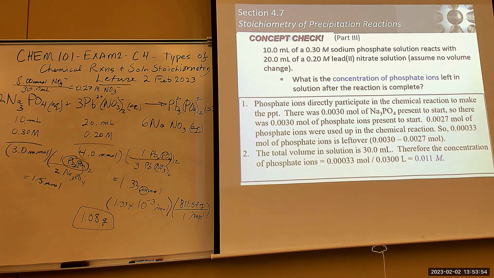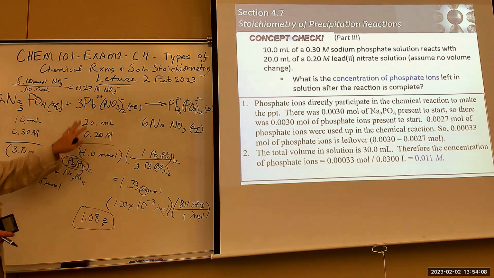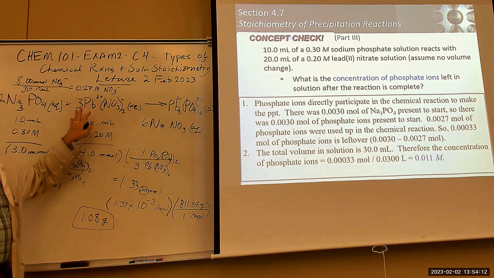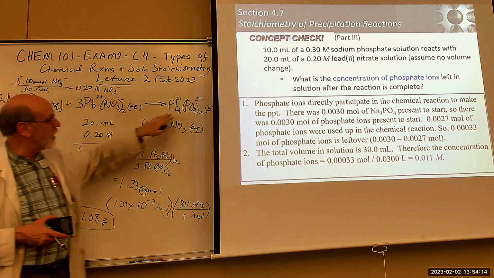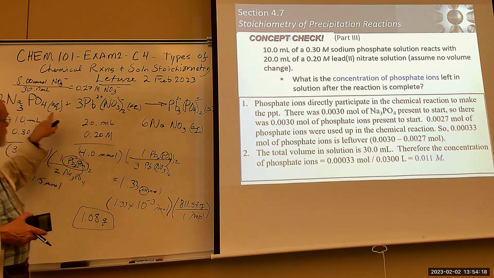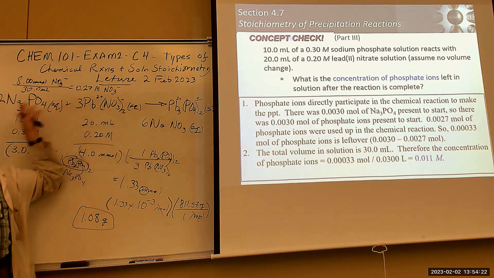This one takes a little more work. Concentration of phosphate ions. Okay. So what you've done is you've used all of this iron up. There's no iron left in solution. It's all captured in this precipitate. But this is in excess. Remember, if one of them is limiting, the other one is excess.